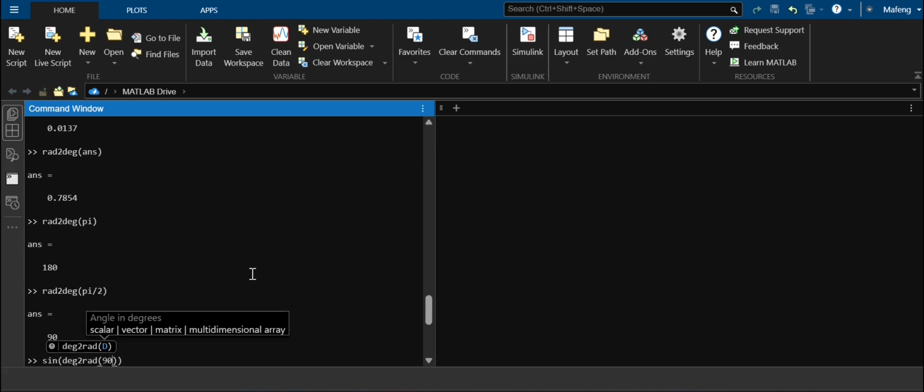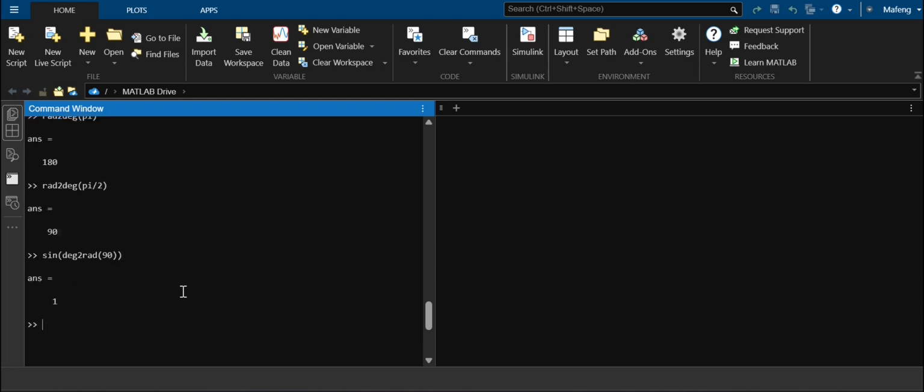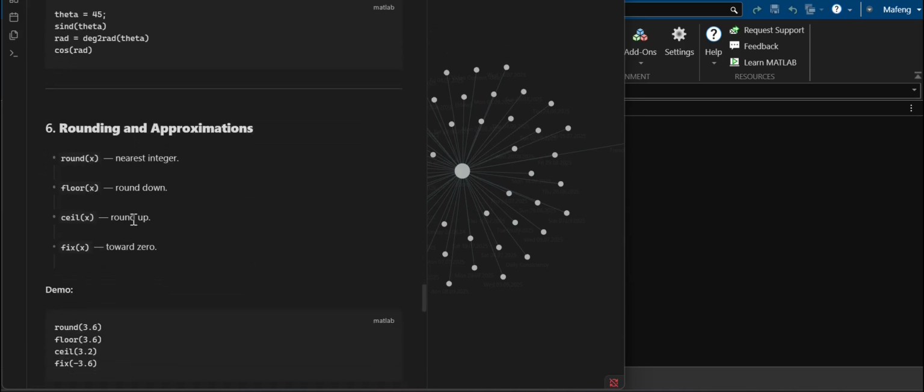If I put 90 here, I'll get 1, because the sin function is taking in radians, and this function converts the number from degrees to radians. So these are some of the trigonometric functions: sin, cos, tan, sind, cosd, tand, degrees to radians, and radians to degrees.